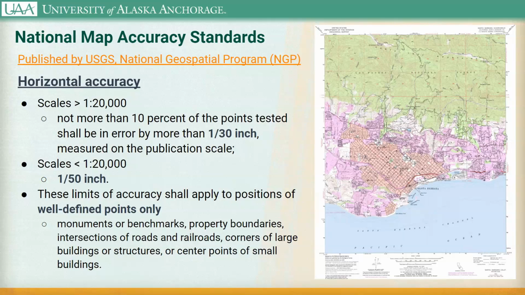The way that we describe accuracy in a mapping context is a little bit different than the way that we describe accuracy in surveying. In mapping, your accuracy in your identification of a feature and the location of a feature on a map has to do with the scale at which the map is displayed, right?